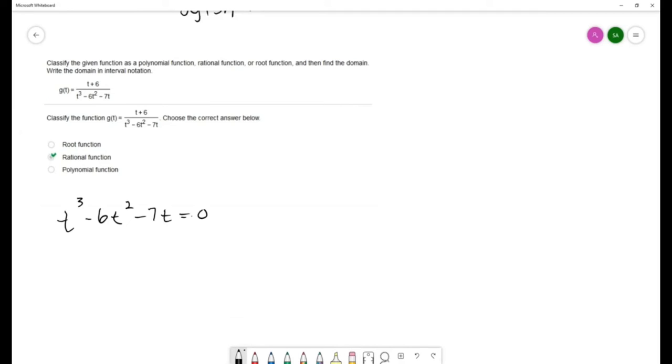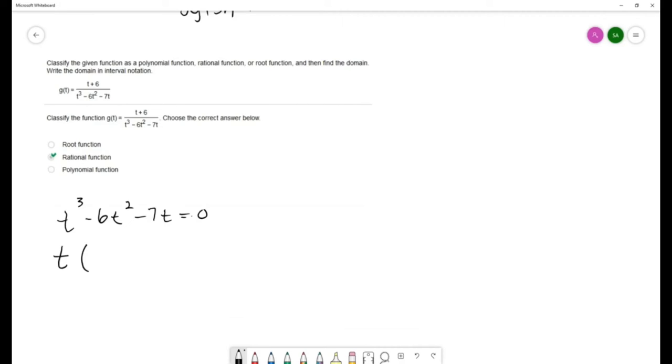So with this one, it's a polynomial function that I'm solving here. Just to be clear, this expression is rational, but this equation is polynomial. Just the denominator's polynomial.